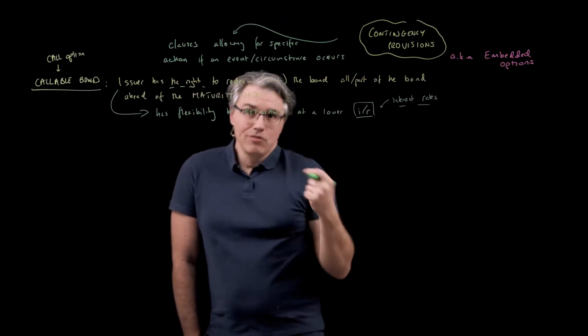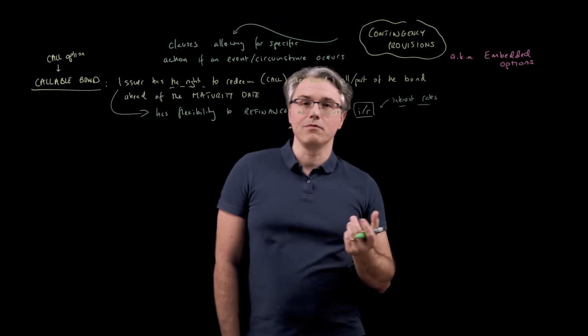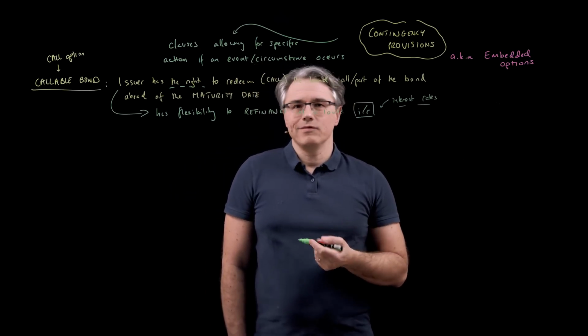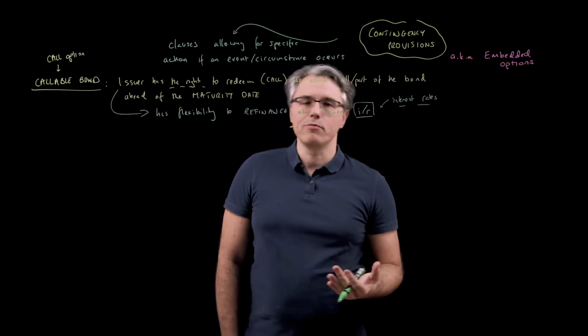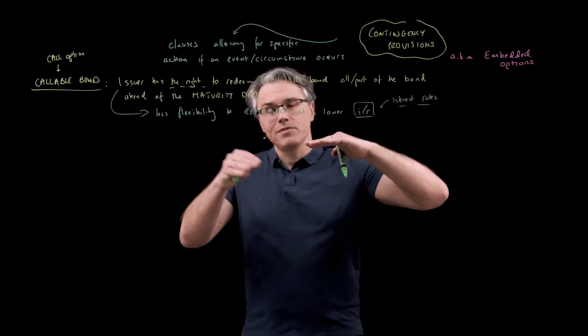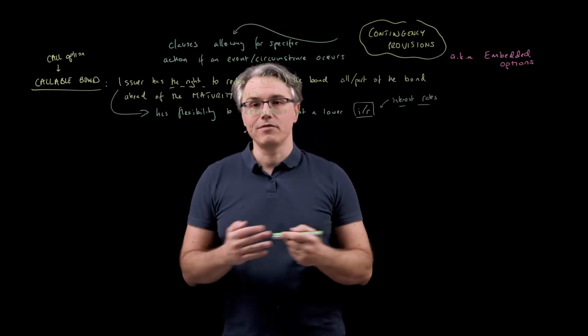You see, a lot of issuers issue bonds with a fixed coupon. That's something we discussed before. Especially government issuers, but lots of corporate issuers as well, issue bonds with a fixed coupon, and therefore commit themselves to pay that fixed coupon to investors for a specific amount of time.